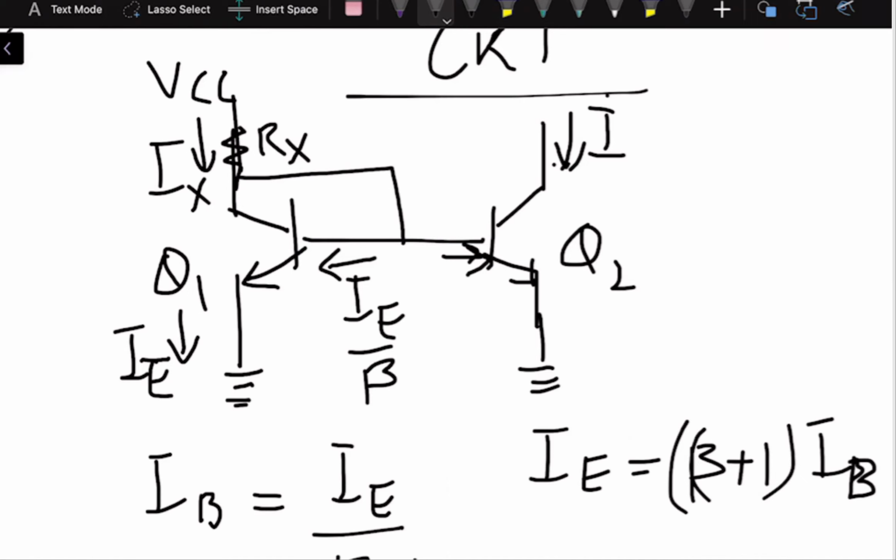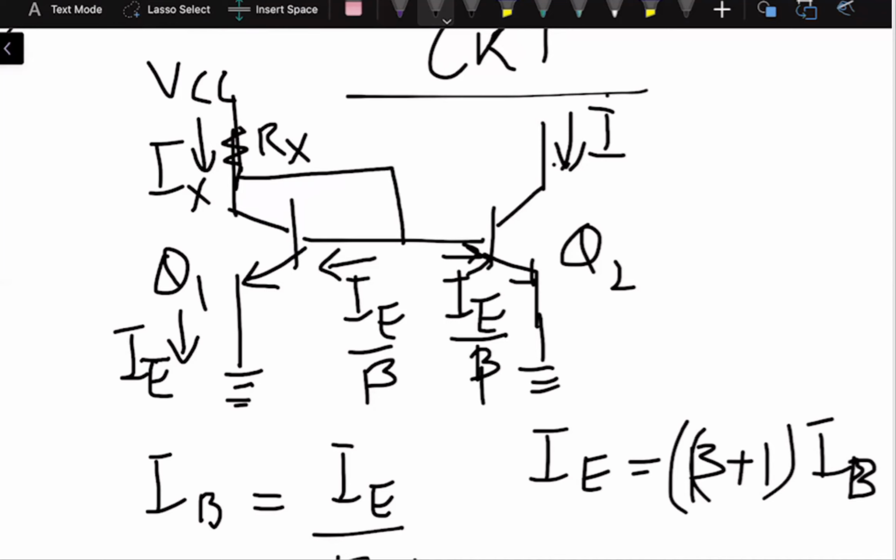If they are both identical, this means the base current flowing in Q1 should also be the base current flowing in Q2. So the current flowing in the base of Q2 is also IE by beta, right? Are you with me?